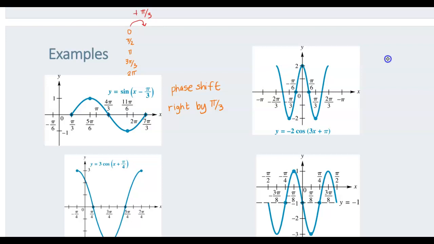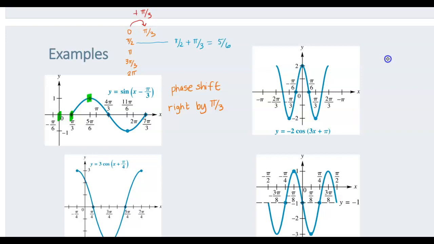So if I started at 0 and I added pi/3, I end up here at pi/3. That's my new starting point. For the next value, we're looking at pi/2, and we add pi/3. In your calculator, if you add 1/2 plus 1/3, without the pi symbol, it's going to give you 5/6.